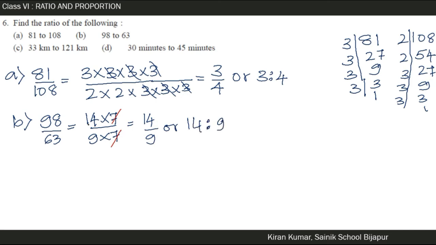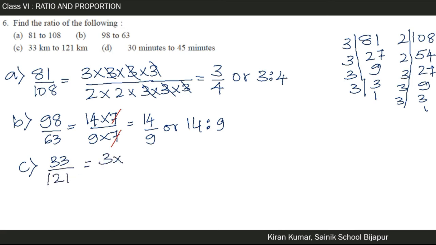I did not express it completely in terms of product of primes, but with common sense, 7 will get cancelled. We will be getting 14 is to 9. For the third one, it is 33 kilometers to 121 kilometers. Both are in the same unit, so we can directly divide it.